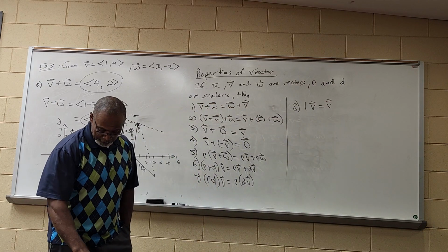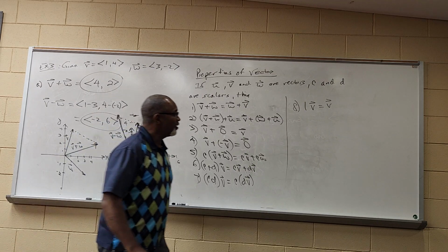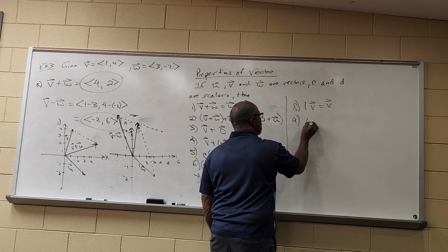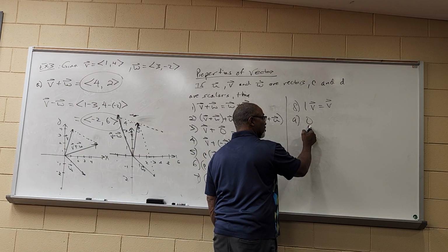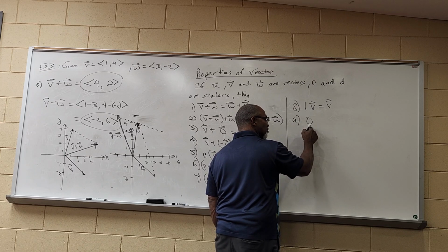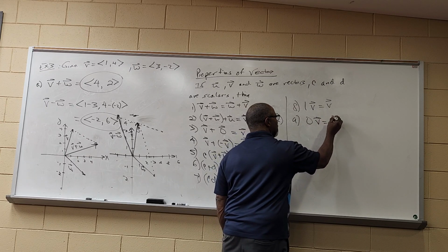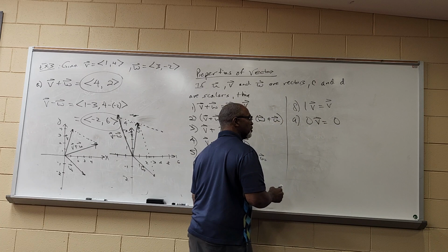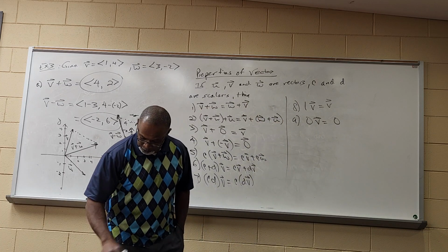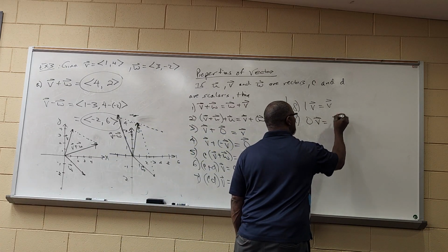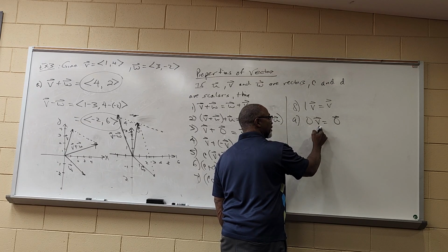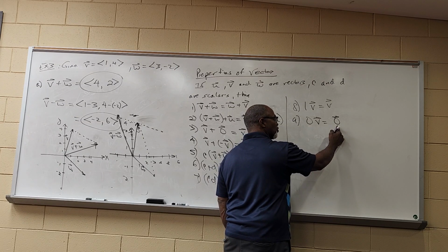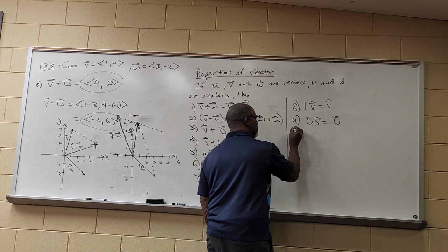Multiplicative identity. Number 9, the zero. Now this is not a vector, this is just 0. I don't have the bar. 0 times a vector is the zero vector, I'm sorry. 0, the scalar, times a vector V is equal to 0, the vector.